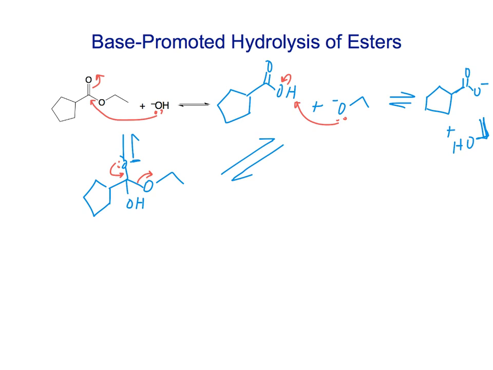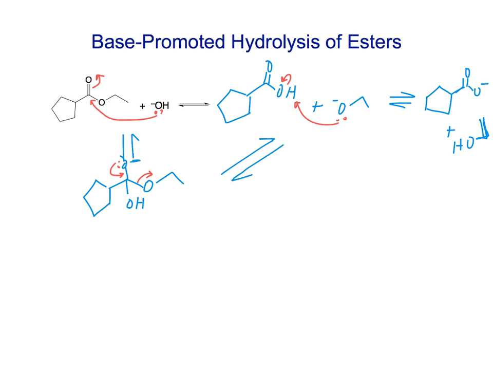It's clear on the bottom. Okay, so now what we've in essence done is gone from kind of a carboxylic acid derivative with a moderate reactivity to one that's very unreactive. Okay, so we're going downhill in energy.